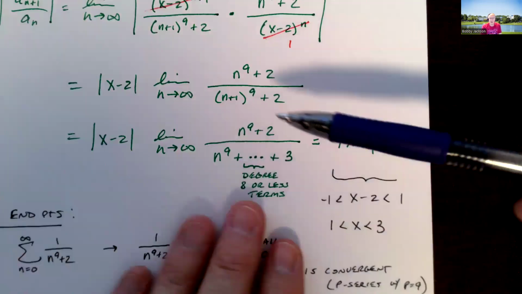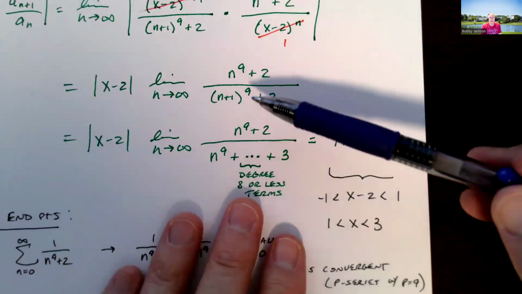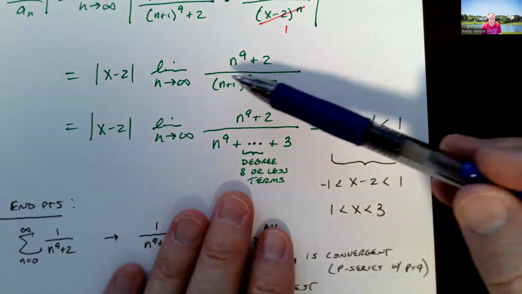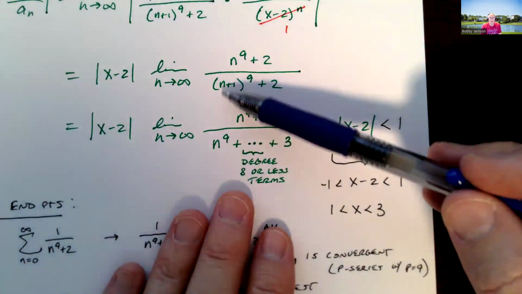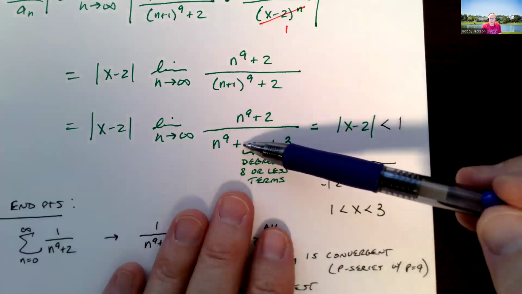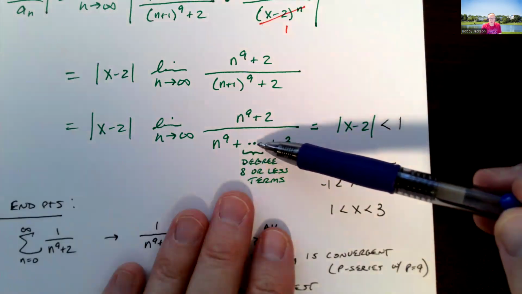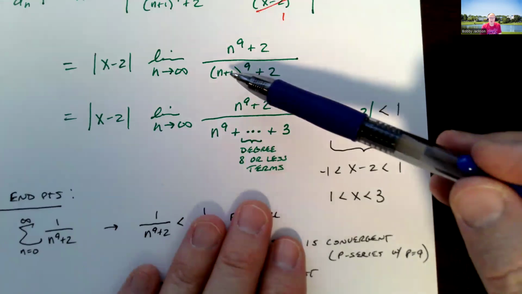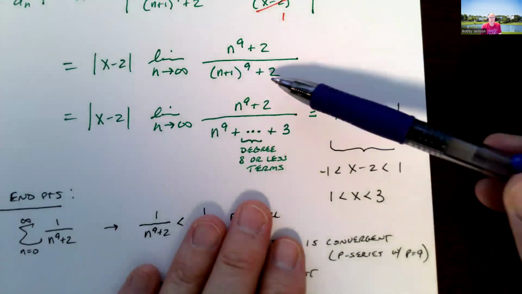Well, I hope you can see that if I were to expand this all the way out, which I'm not going to do, the highest degree term will be n to the ninth. Then I'll have something n to the eighth, something n to the seventh, and so on. These will all be degree 8 or less. The last one will be 1, and then 1 plus 2 is 3.